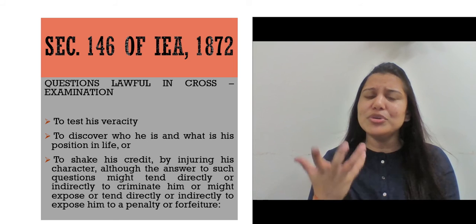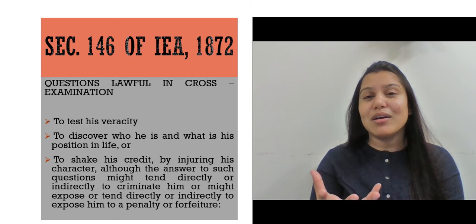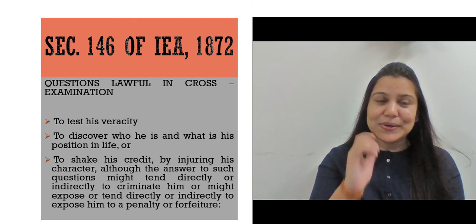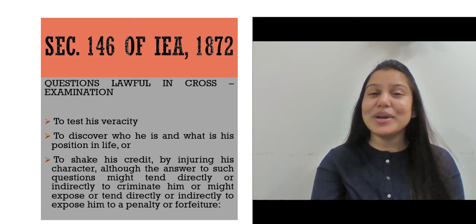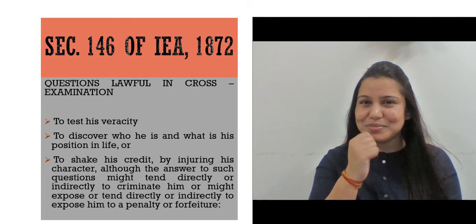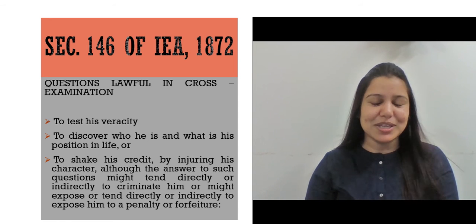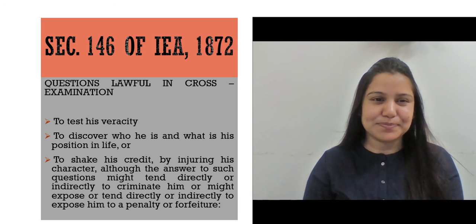Anything like that, in order to actually get where he stands, though when it comes to the leading questions, they have actually no connection with the direct proceeding. They have just been put in order to get the answers from the witnesses.